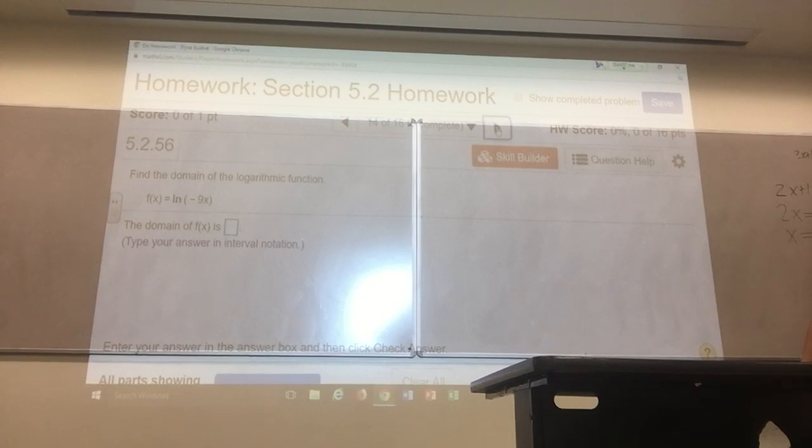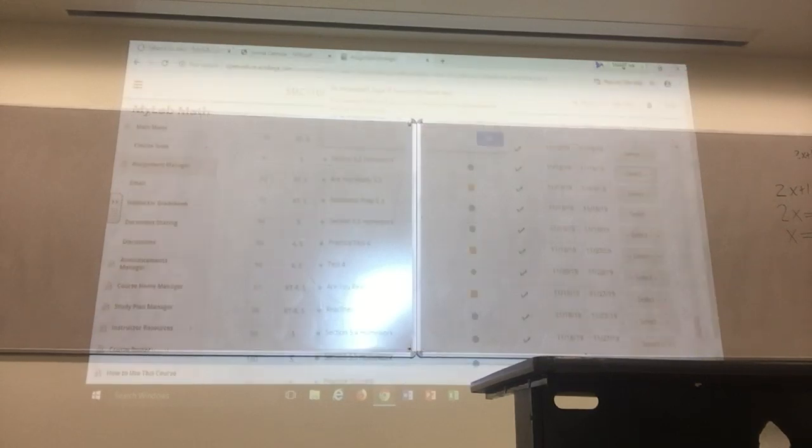Not equal, but greater than. Just greater than, right? Not greater than or equal to. That's a root. So that's the one difference between roots and logs. Can't be 0. Same thing on this one. Same things on that one. Okay.